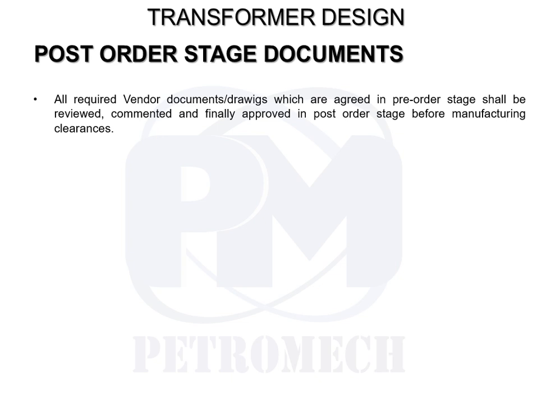If we fail to specify any particular document, the vendor may object in the post-order to submit or furnish that document. So a detailed listing of post-order vendor documents has to be prepared as part of the specification or MR sheet, which has to get agreed by the vendor in the pre-order stage itself. So the flow goes like this.